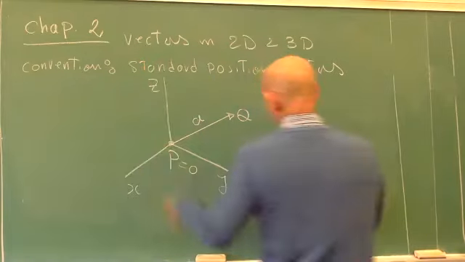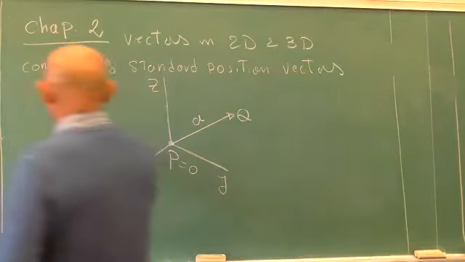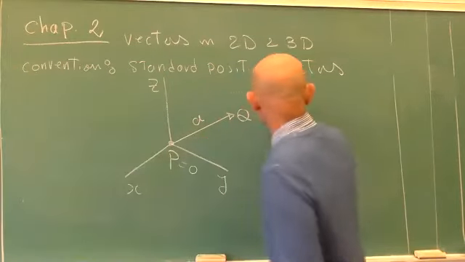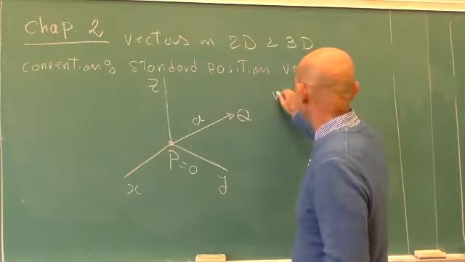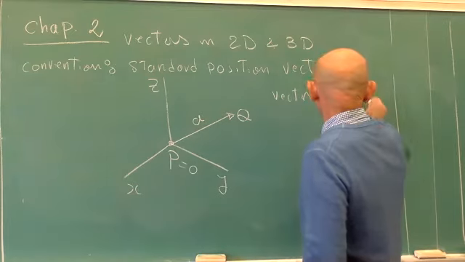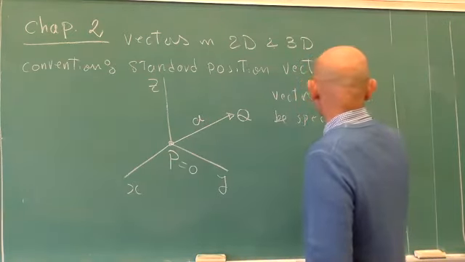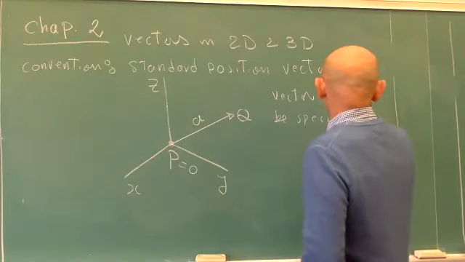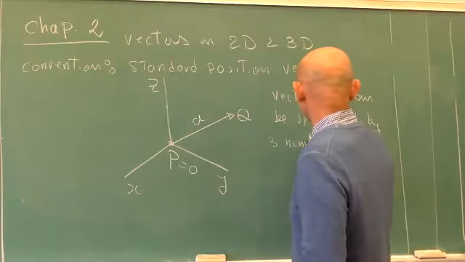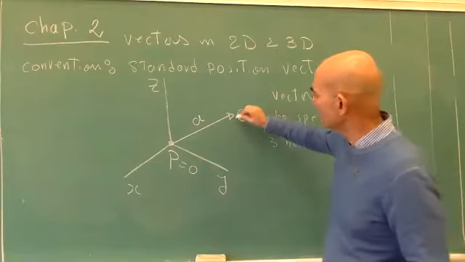So in this way, we can say that vector A can be specified by 3 numbers, which are the coordinates of this point Q, right?